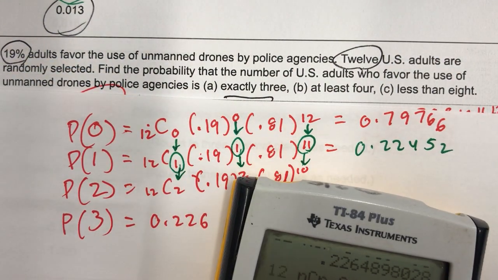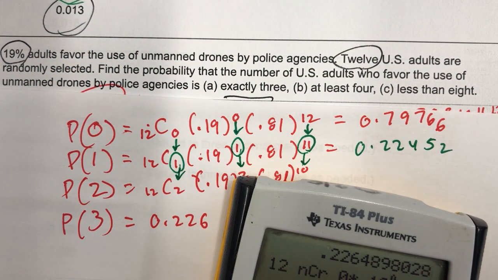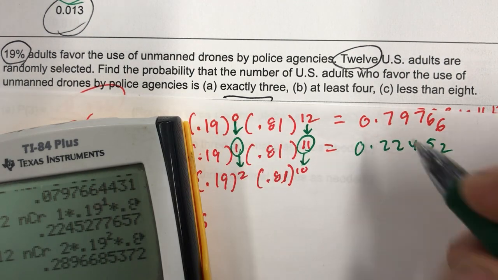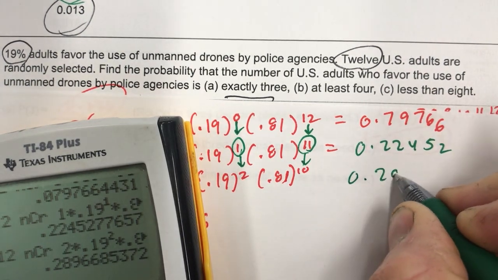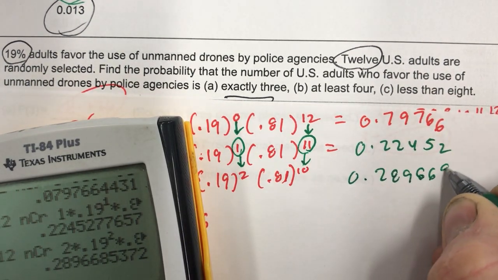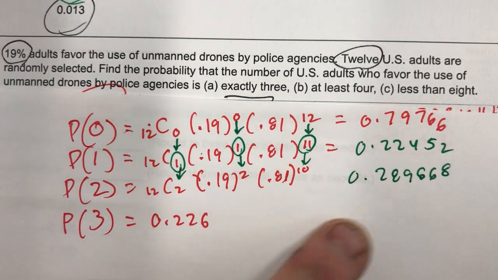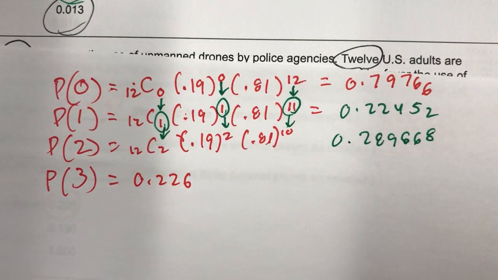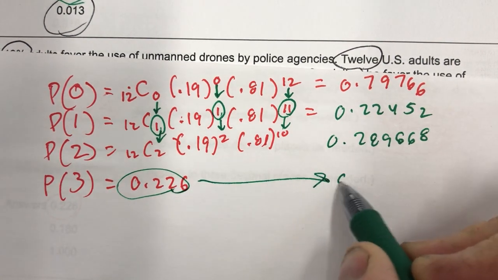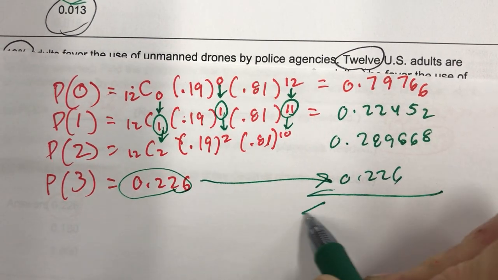All right, so make that a 10, 2, and 2. And there you go. 0.289668. All right, so I add all these up. Okay, so here's this one here. I'm going to bring over here 0.226. So I'm going to add those up.